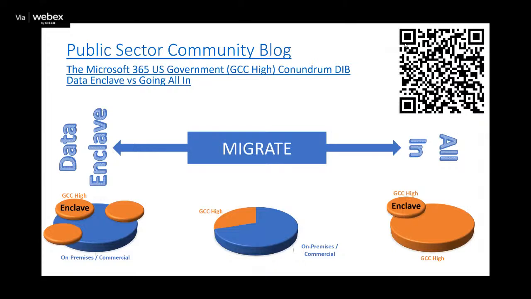And those enclaves may be a carve out that's in your on-premises environment, or as you can see on the left-hand side of this chart, we've got GCC High set up as an enclave. And that would include, for example, user accounts and mailboxes and OneDrive for Business and Teams accounts for scheduling meetings and so forth, that would be in alignment with protecting controlled unclassified information internally within your enterprise, right?